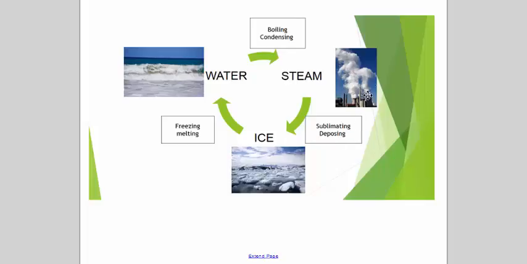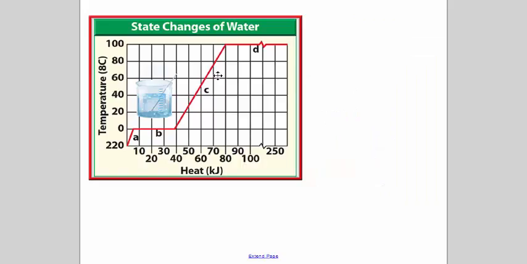Deposition is when you go straight from a gas to a solid, and this is what happens when frost forms in the wintertime. The water vapor in the air hits the cold ground and immediately freezes into ice, and it totally skips that liquid state.